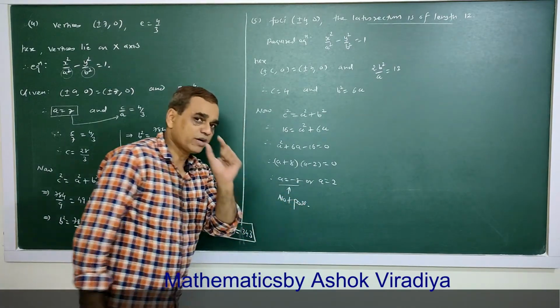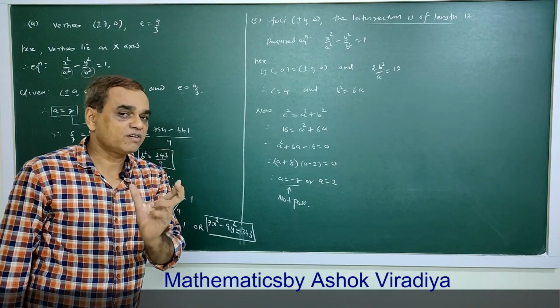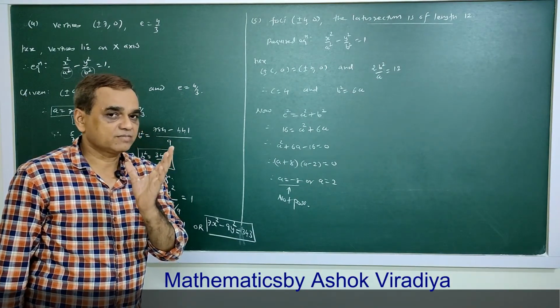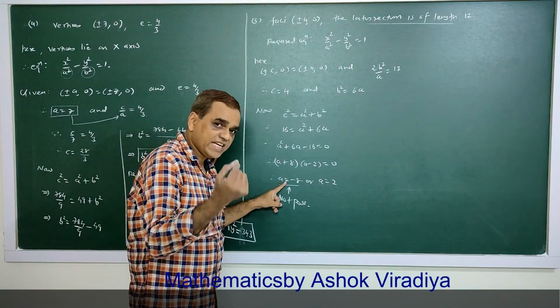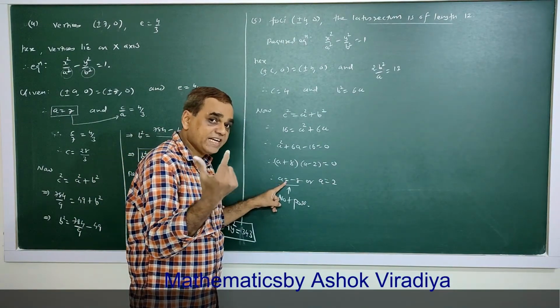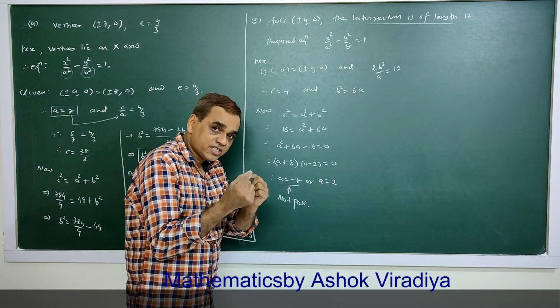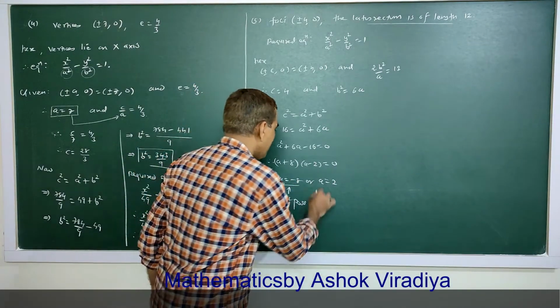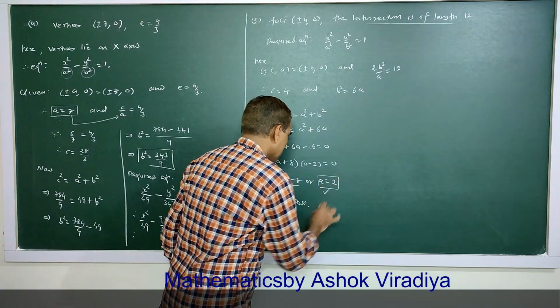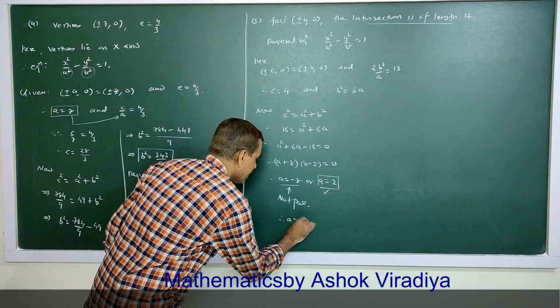We have taken a as the length of half the transverse axis, or the distance of any vertex from the center. It cannot be negative, so a equal to 2 is the possible value.